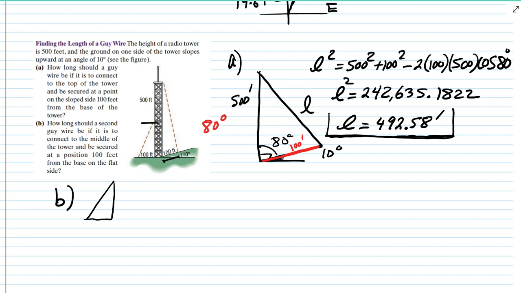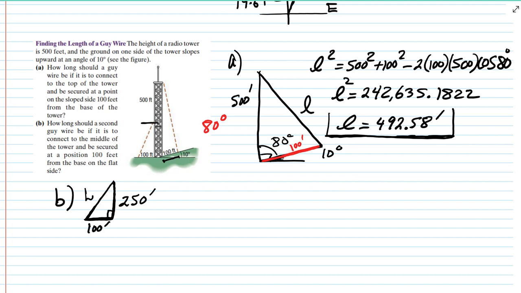The height of the tower at that point is going to be 250 feet because it's the middle of the tower. And this is the length that we need. Call it capital L, because I used a little l earlier. This is 250, and this distance is given to be 100 feet.